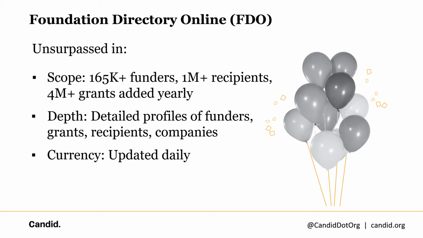It also has detailed information on the funders, what they are giving to at any point in time, what grants they've given, a history of the recipients, and also even works with companies and organizations so we can look at corporate giving. That's really, really nice because it's updated daily, so you can get up to the minute information for when you're doing your searching for grants.